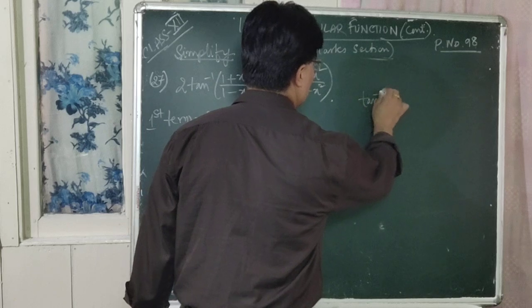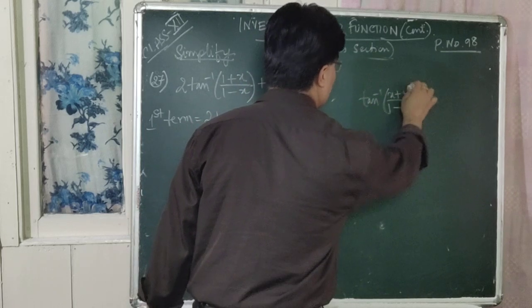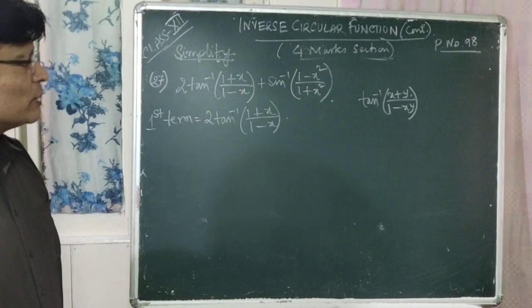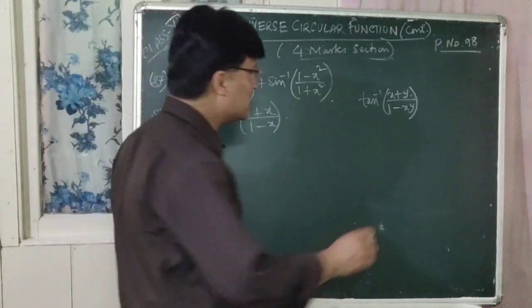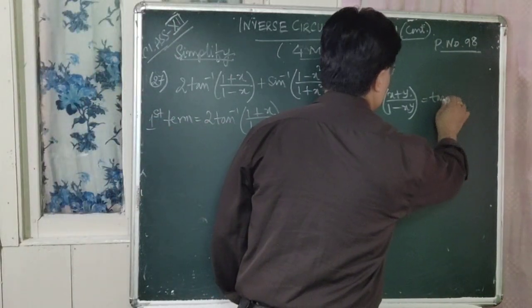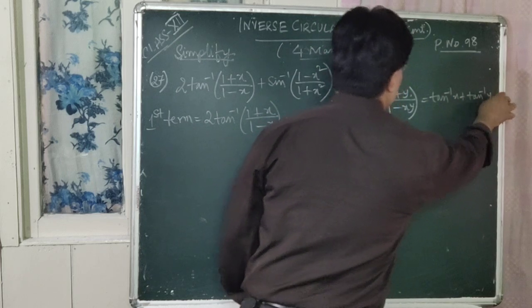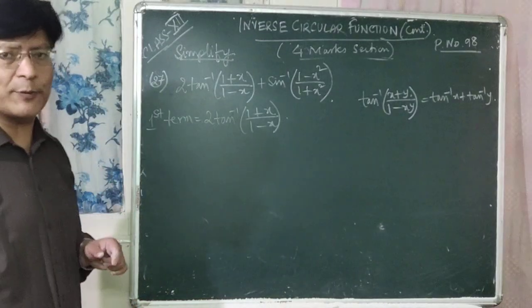Tan inverse within bracket x plus y upon 1 minus xy. What is this formula? It is tan inverse x plus tan inverse y, right? You should know this formula, right?